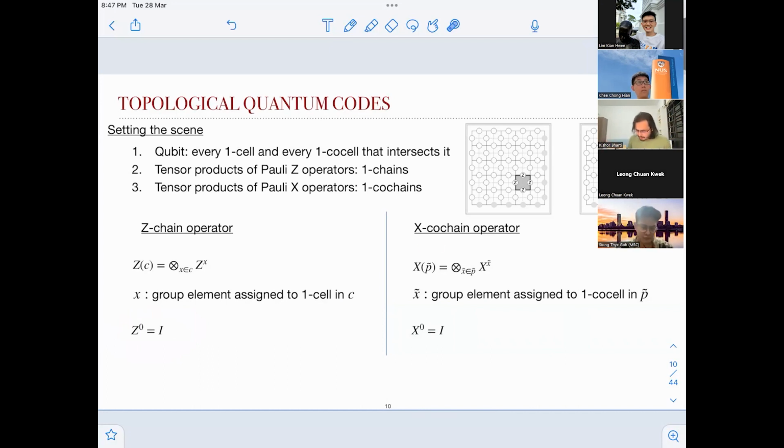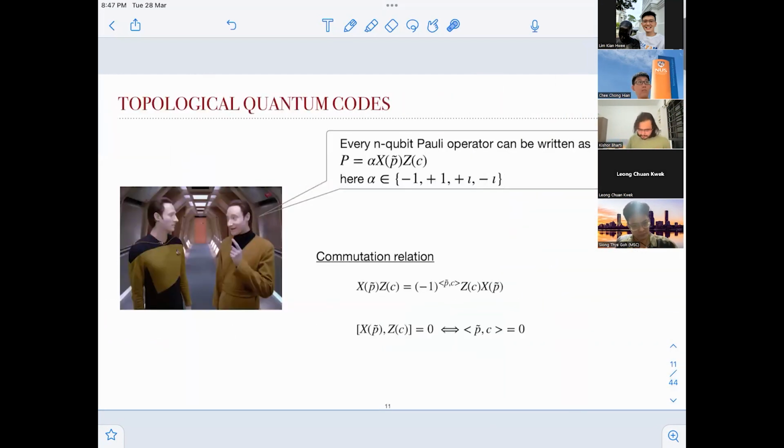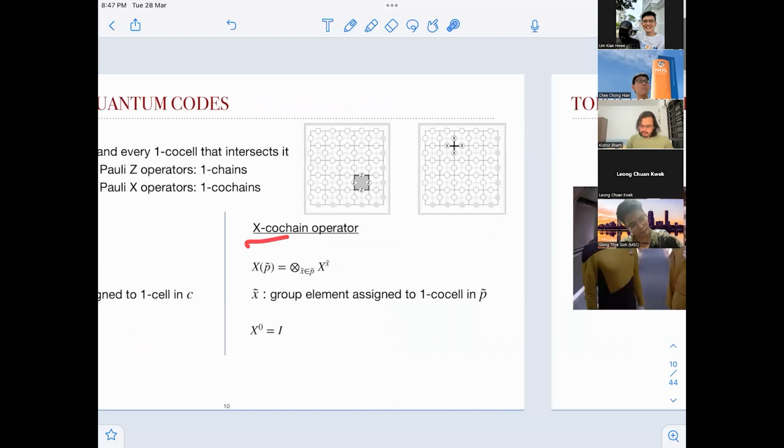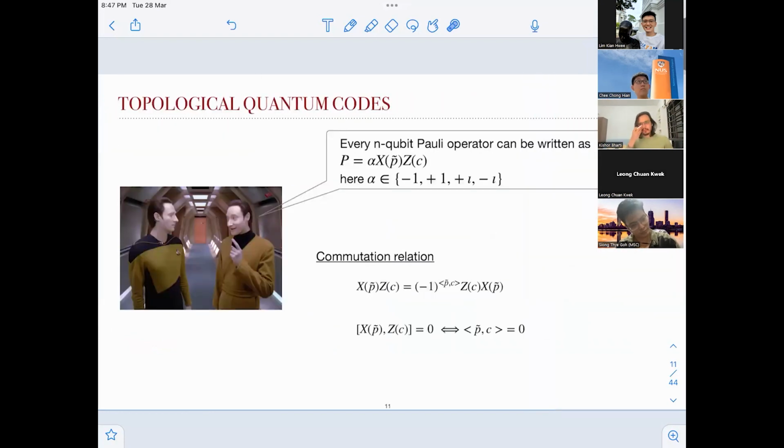Similarly, you can define an X co-chain operator, and so on, analogously. Now, every n-qubit Pauli operator can be written as a linear combination of the product of this X co-chain and Z chain. That's all. This is regular algebra.